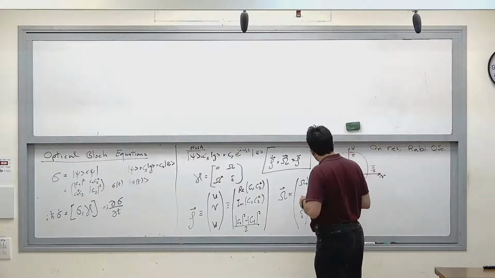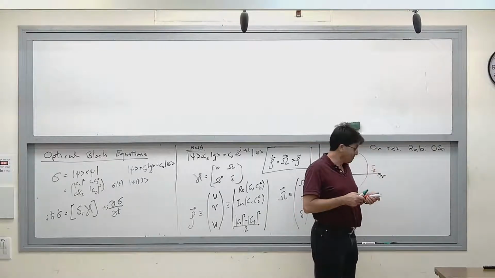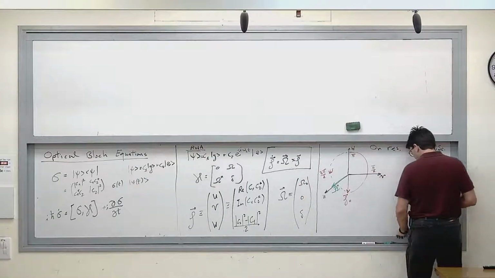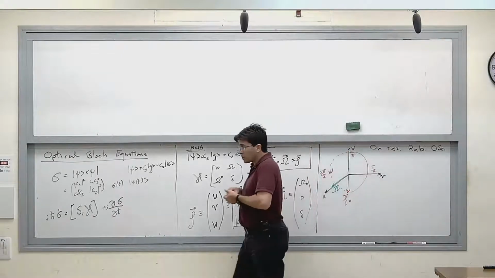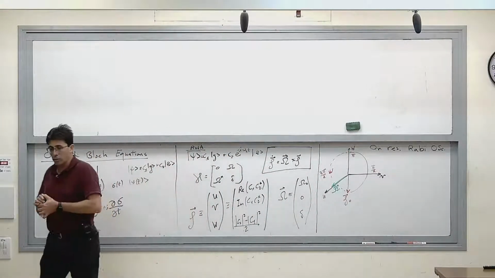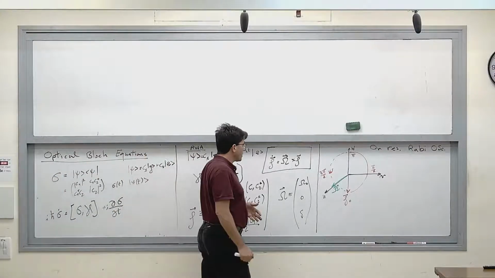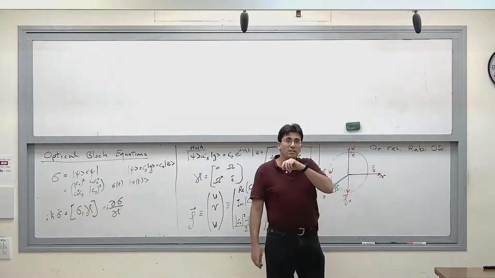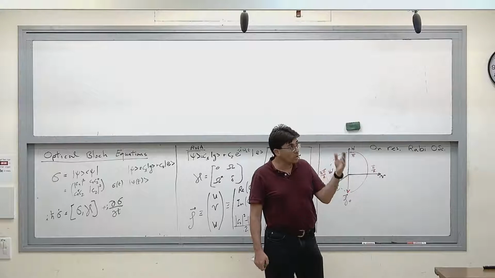Can I ask a question about it? Yes. What is the meaning of sending a pi pulse? Is it the time of the pulse? Yeah, it's the time that I have the field on. Think of it as the following: what's even more convenient is to think that the laser is always on.